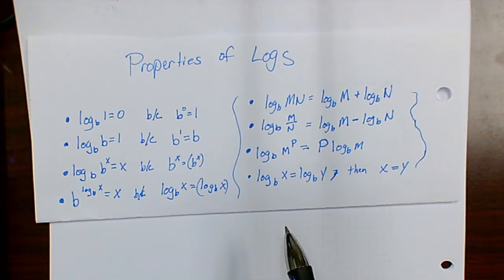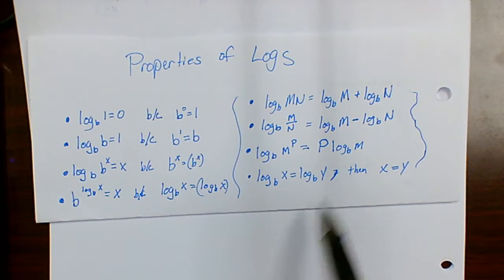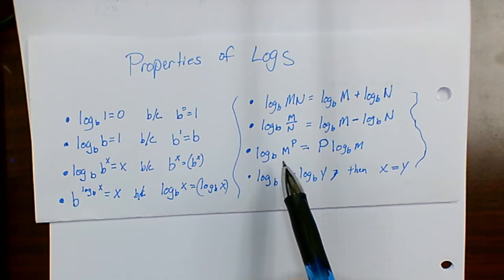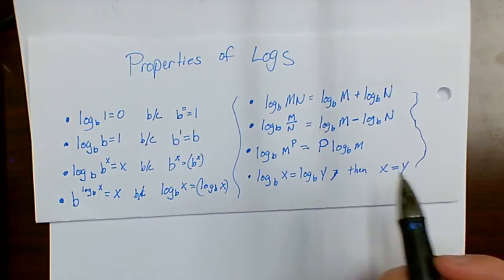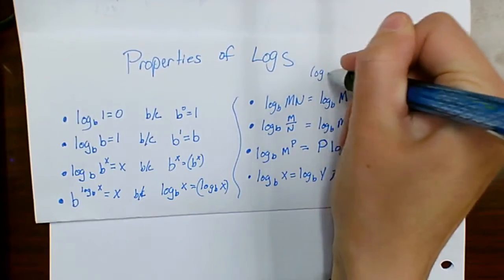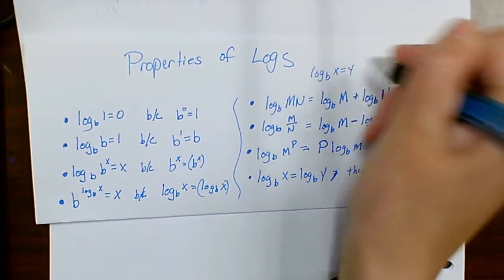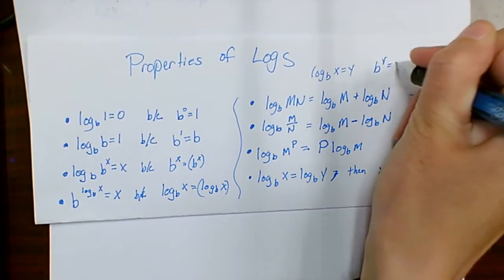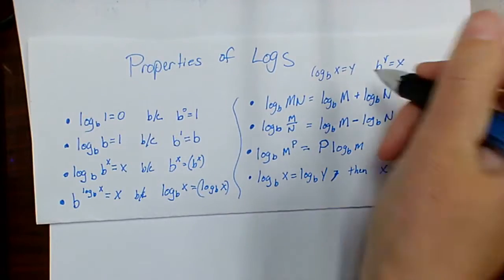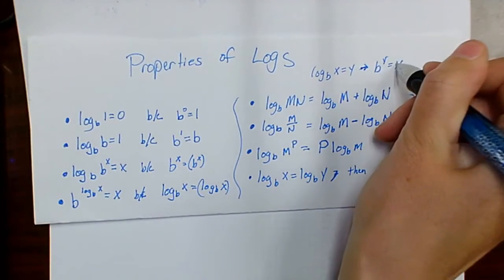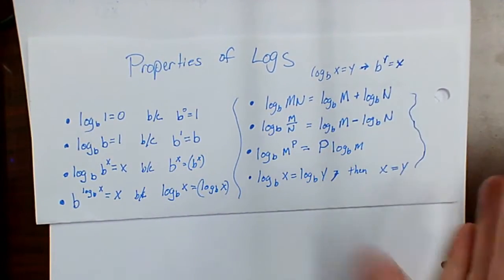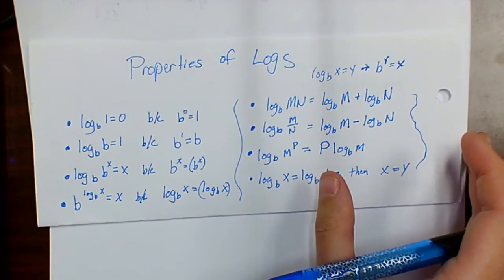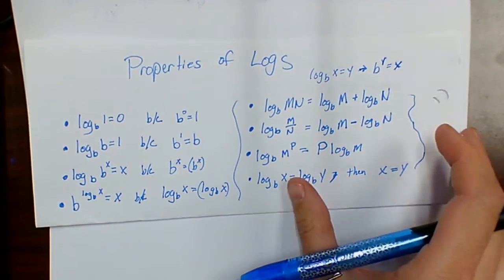The only advice I'd give you is either get it to where you have log equals log so you can drop them, or so that you have log base b of x equals y, so that you can convert it over to an exponent, and hopefully you can solve using the exponents that we have solved before.